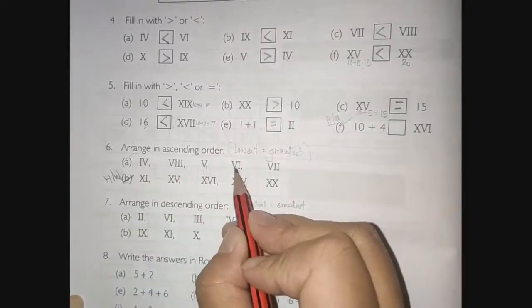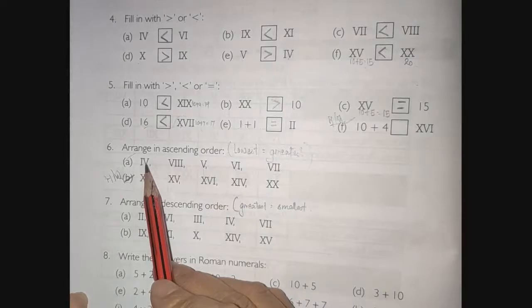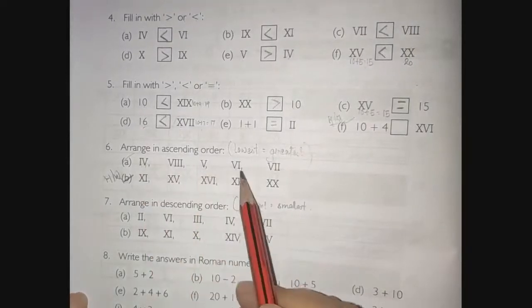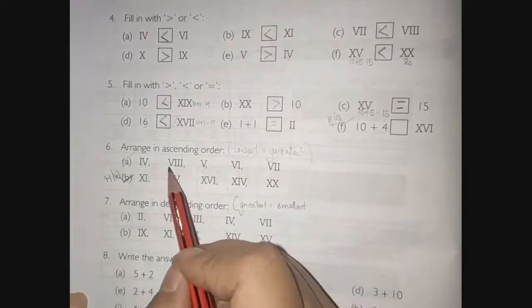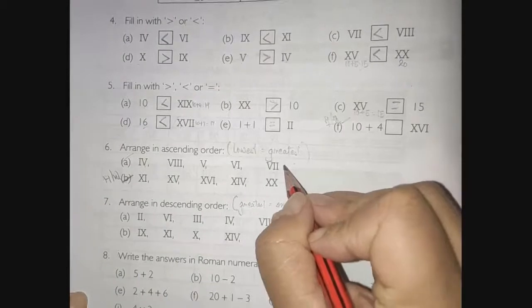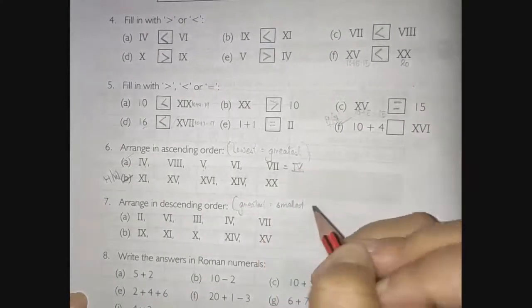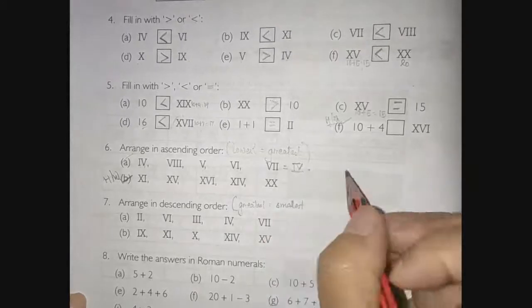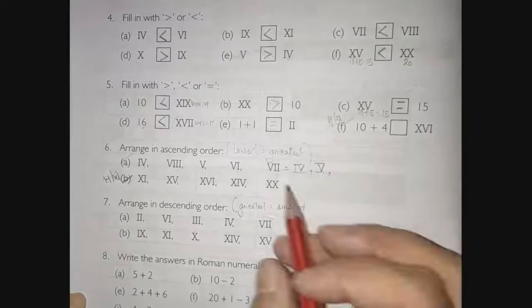IV, V, VI, VII, VIII. You can see, children, IV means 4, V means 5, VI means 6, VII means 7, and VIII means 8. So we will start from 4. I will write, you will do this in your book only. IV at first, 4 is the lowest number. After that, V, that is 5, is the next lower number.